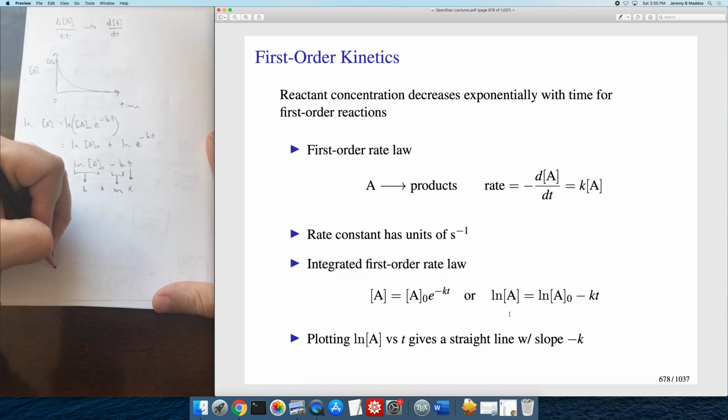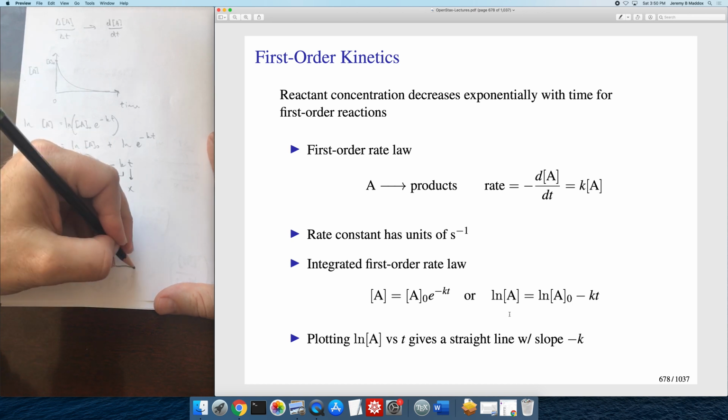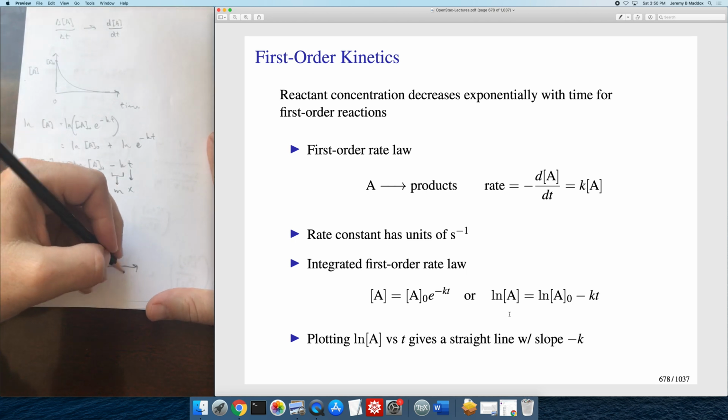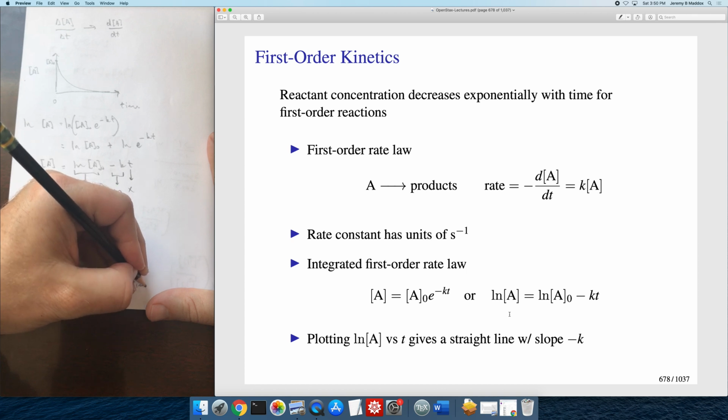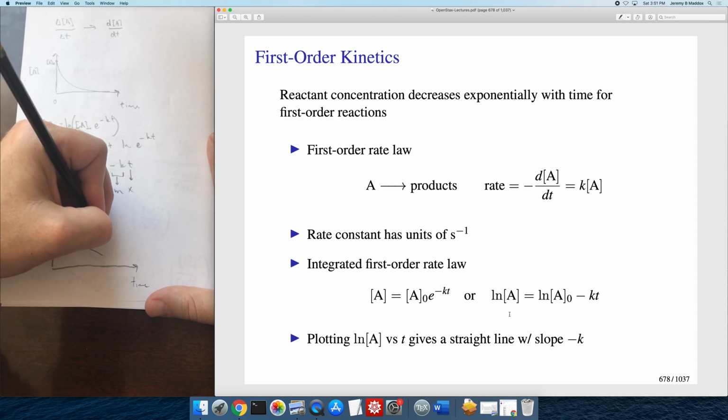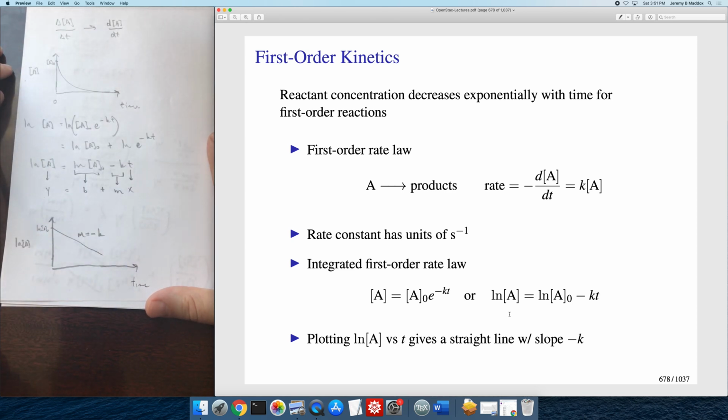And so the other graphic that goes along with first order kinetics is the natural log of A as a function of time. Here we would have the natural log of A0, and it would be a decreasing function where the slope is equal to minus the rate constant.